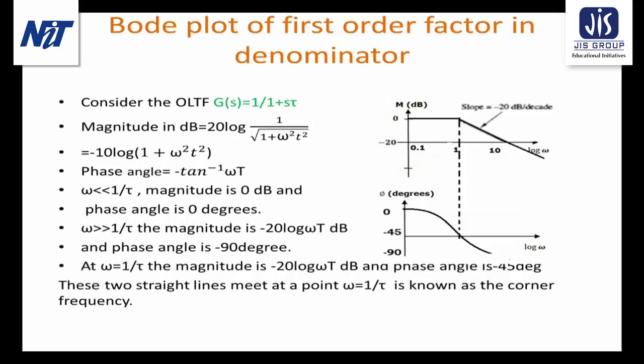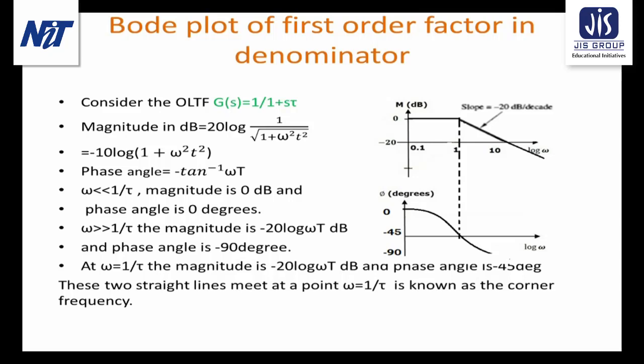That means 1 is assumed to be negligible here. And at omega t equal to 1, that means omega equal to 1 by t, if we put the value, then the magnitude becomes 0 dB.